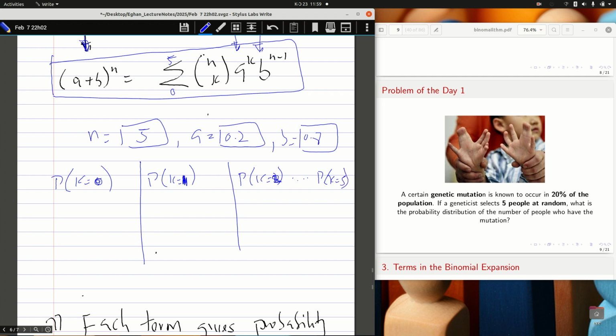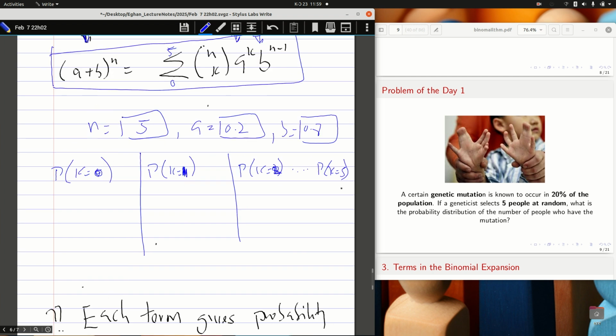So how would you solve this? I know at k equals 0, that is 5 combination 0, 0.2 raised to the power 0, 0.8 raised to the power 5. What is the answer here? If only one person is getting the mutation, I know it's 5 combination 1, 0.2 to the power 1, 0.8 to the power 4. The indices must add up to 5.